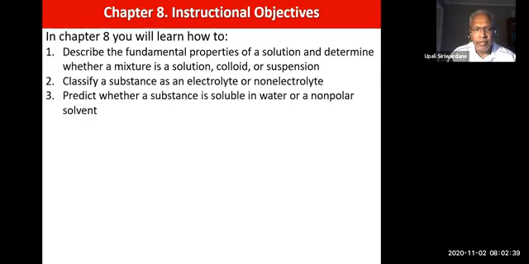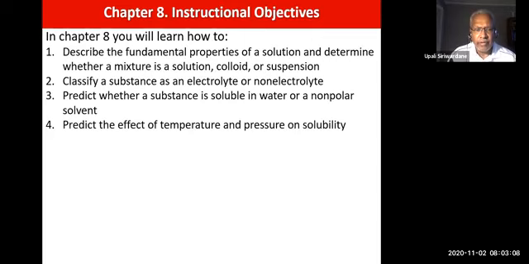We can predict, based on solubility rules, whether a compound is soluble in a non-polar solvent or a polar solvent, and especially for water solutions, there are solubility rules that we're going to look into.